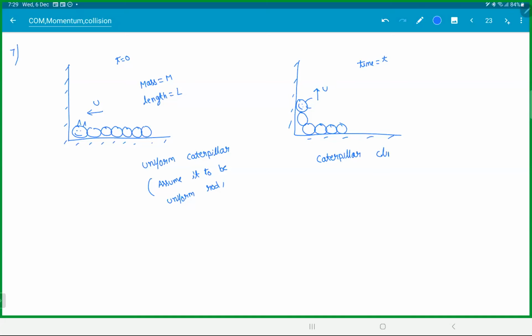Caterpillar climbs the wall with a constant speed u. Find the position of center of mass as a function of time t. Find the center of mass, velocity of center of mass, acceleration of center of mass of the caterpillar.